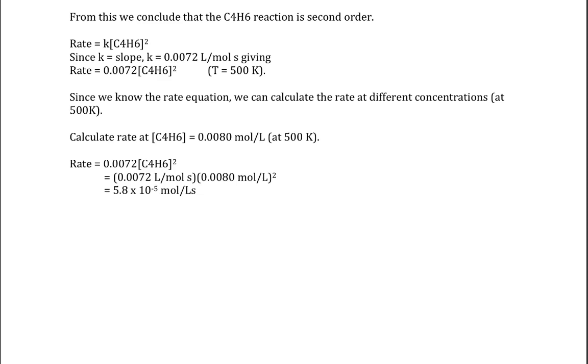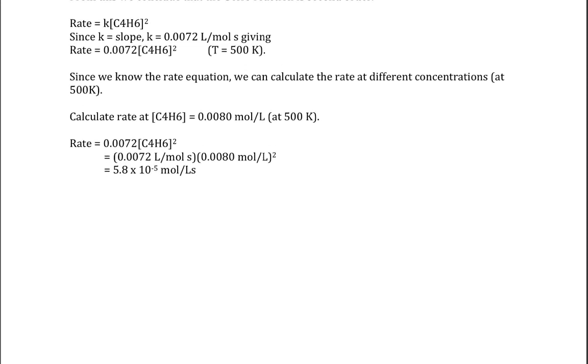Now we can calculate the rate of C4H6 at the concentration 0.0080 moles per liter, and we would get the rate to be 5.8 times 10 to the minus 5. Notice that we are following the equation rate equals 0.0072 times concentration squared. So we're squaring the concentration. And units work out to be our usual rate units, moles per liter seconds.